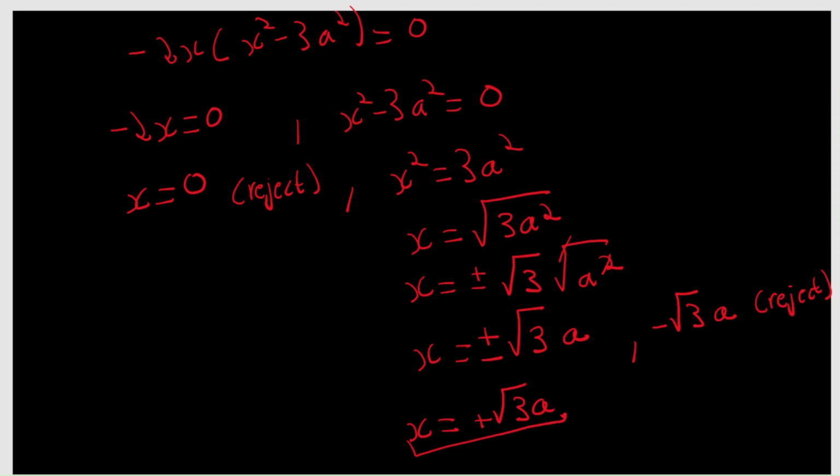At the end, I'm also going to add one more thing. Give me a moment. I want to tell you something related to implicit differentiation. When I am differentiating y square, I write 2y dy over dx.